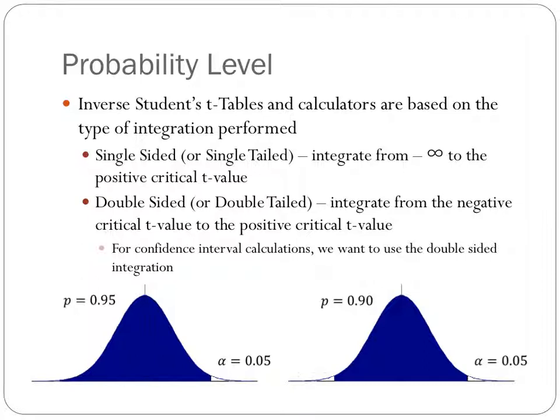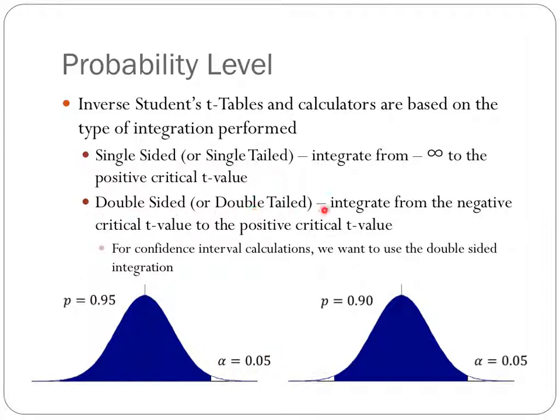Now remember again that when we integrate under the distribution, we obtain the probability that we're going to obtain a sample from the population within those limits of integration. If we integrate from negative infinity to positive infinity, we should get a probability of 1, or 100%. The remaining area under the curve that is not included in the integration, we're going to call our alpha level.